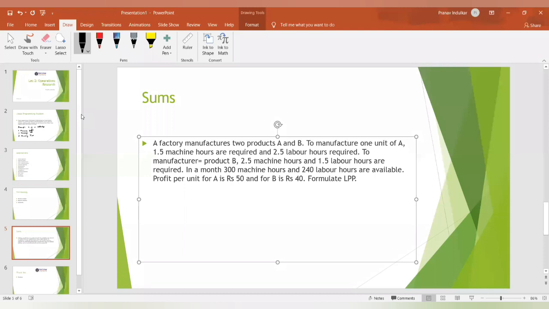We don't know how much we have to manufacture. यहाँ पे क्वेश्चन में बताया नहीं है कि कितना मैन्युफैक्चर करना है. We have to finalize the number so that we get a maximum profit.